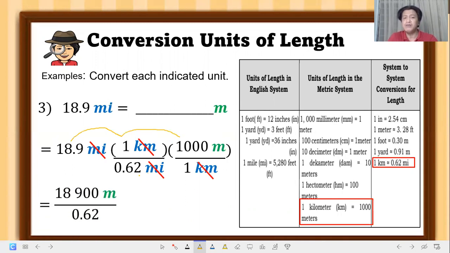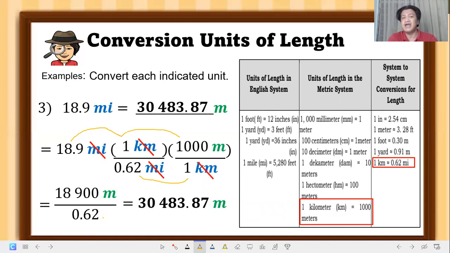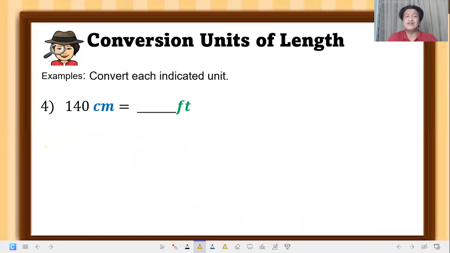And also multiply mo yung denominators mo, 1 times 0.62, 0.62. Then you can now divide. What is the quotient of 18,900 meters over 0.62? That is equal to 30,483.87 meters. Yan ngayon yung katumbas ni 18.9 miles or yan yung milya, di ba? Ang lawak niyan.